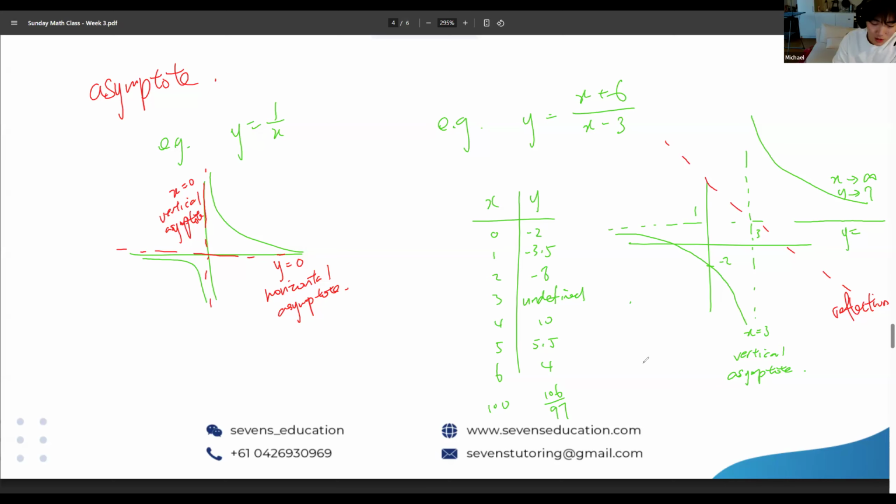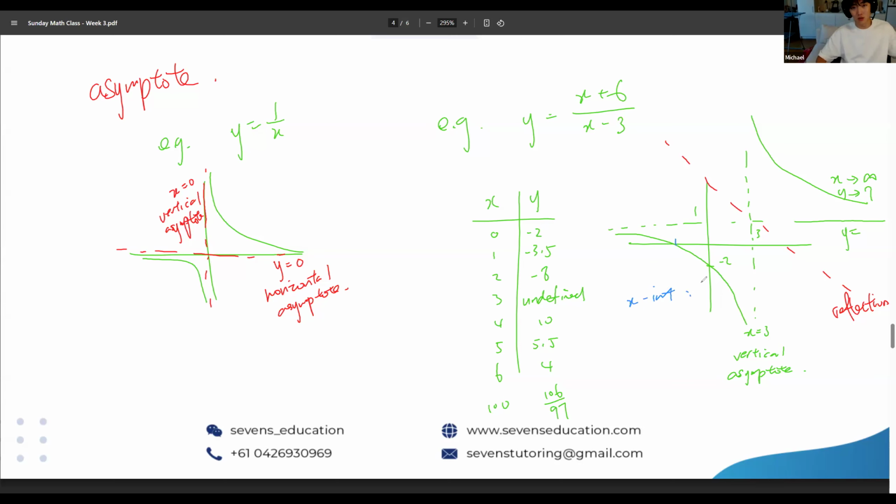Lastly, do you remember how to figure out the x-intercept? Yeah. Oh, you put y equals 0. Yes. Adriana, do you know that? Yeah.